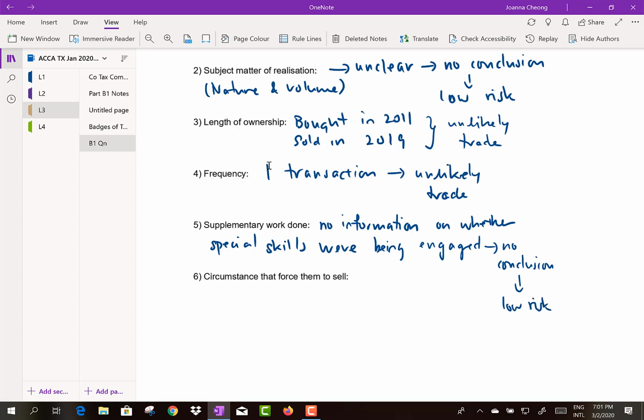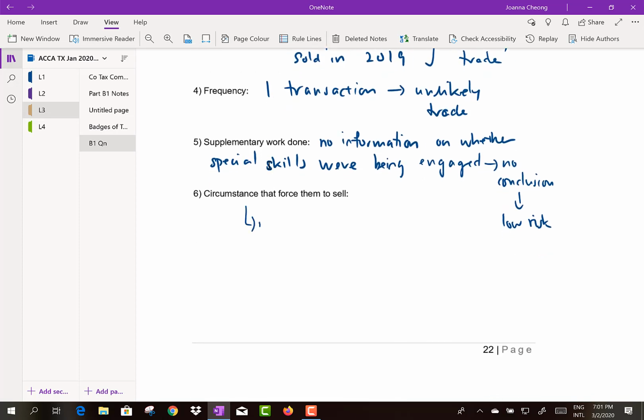And last but not least, are there any circumstances that force them to sell? Is it because of a change in rule that they are being forced to sell? They didn't say anything at all, so again, this is unclear. If it's unclear, no conclusion, so that is why it's low risk.